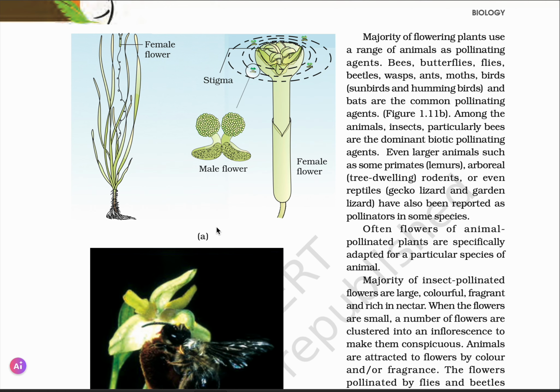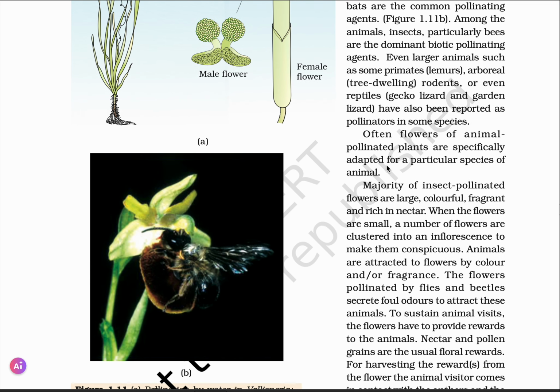Among them, bees are the dominant biotic pollinating agents. Even large animals such as primates like lemur, arboreal rodents, which are tree dwelling, which means they are living on the trees, or even reptiles such as gecko lizard and garden lizard, are pollinators in some species.